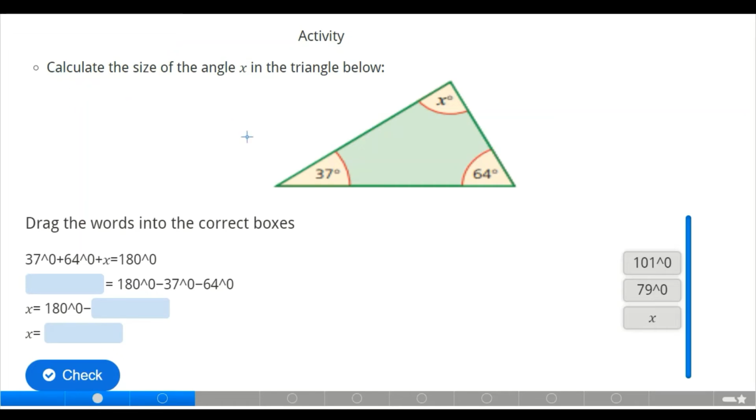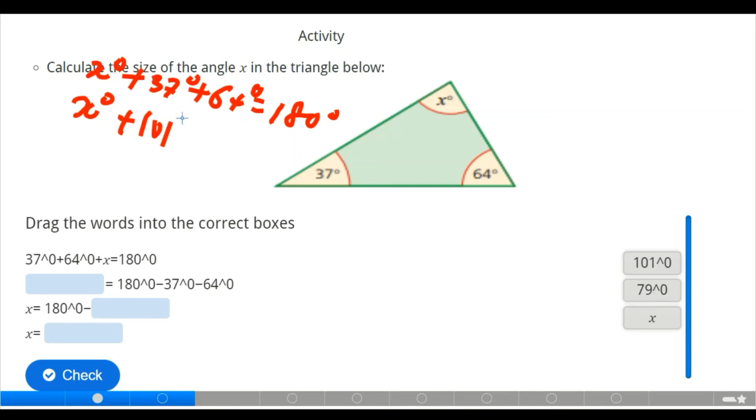So we have S plus 37 plus 64 equals 180 degrees. Now, what is 37 plus 64? That gives us 101. So we have S plus 101 equals 180 degrees.